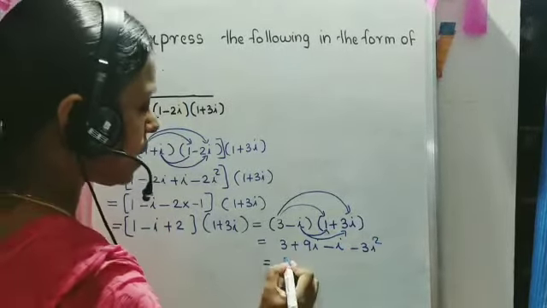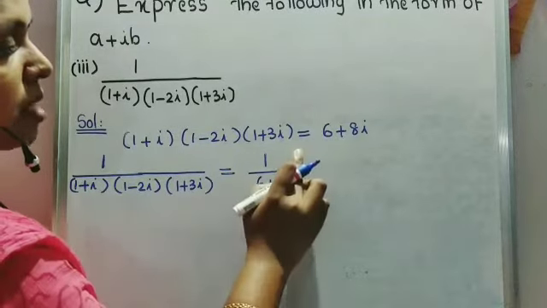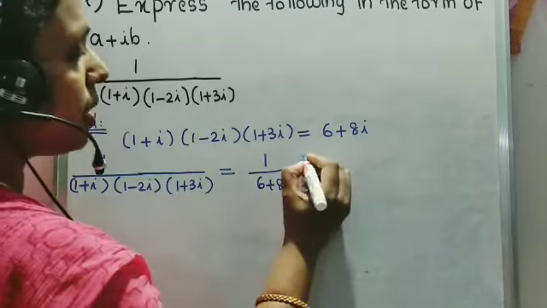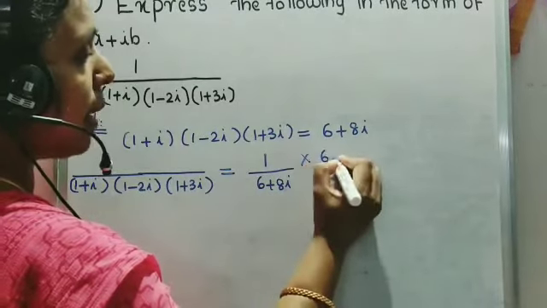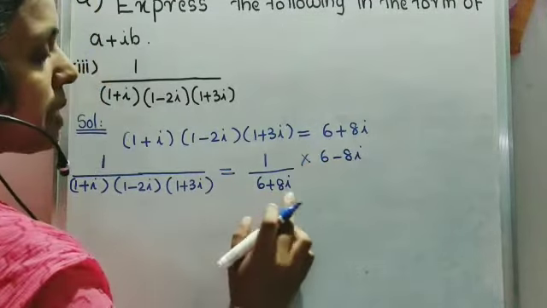Now the question becomes 1 divided by (1 + i)(1 − 2i)(1 + 3i), which is equal to 1 divided by 6 + 8i, the denominator. Next we multiply numerator and denominator by the conjugate of 6 + 8i, that is 6 − 8i divided by 6 − 8i.